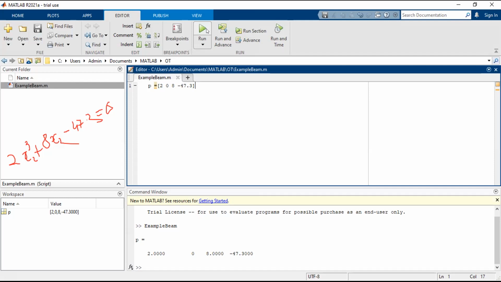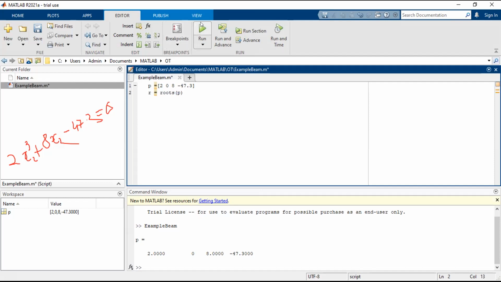If we want to find the root, root is equal to roots, and then in circular bracket it's p.